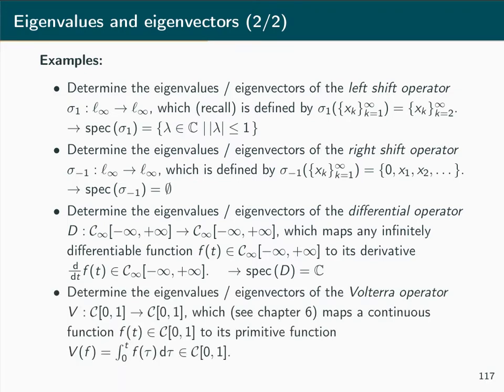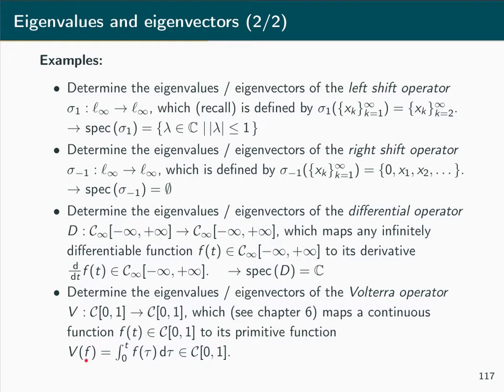The final example is about determining the eigenvalues and eigenvectors of the Volterra operator, which is an operator on the space of continuous functions on the interval from 0 to 1. As we have seen in chapter 6, it's defined by mapping a continuous function f of t to its primitive function.